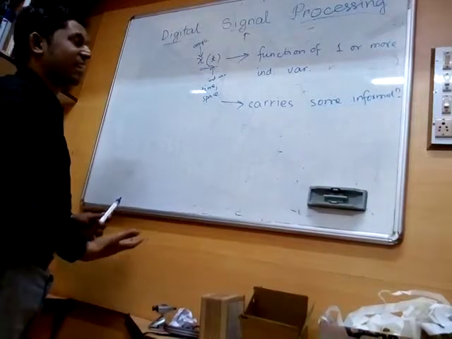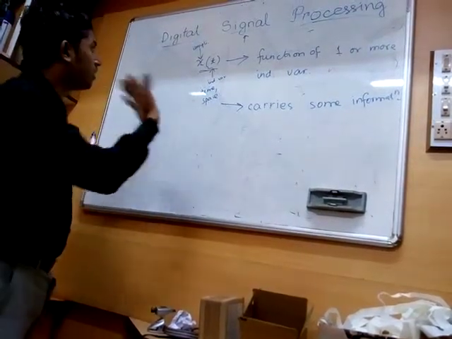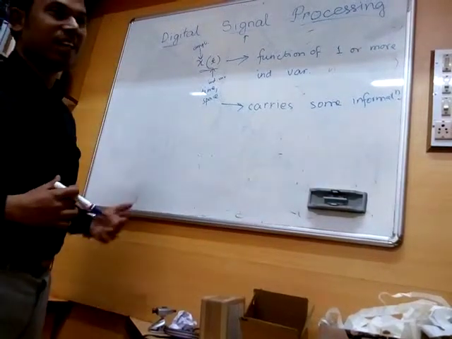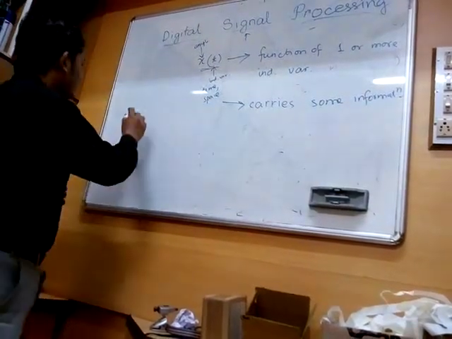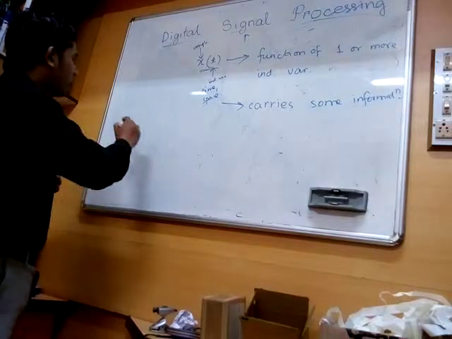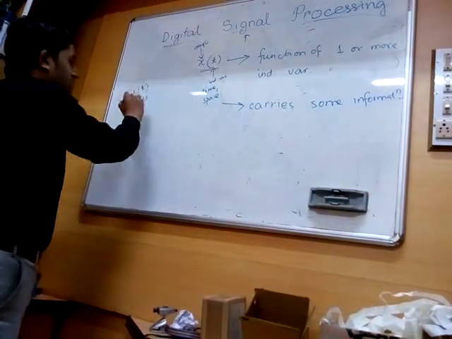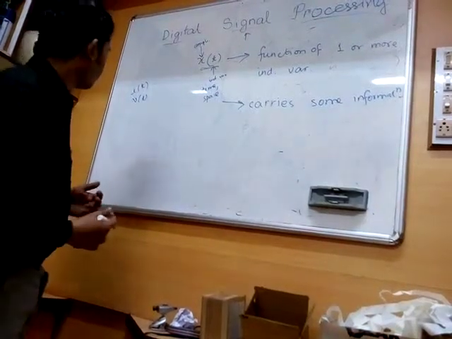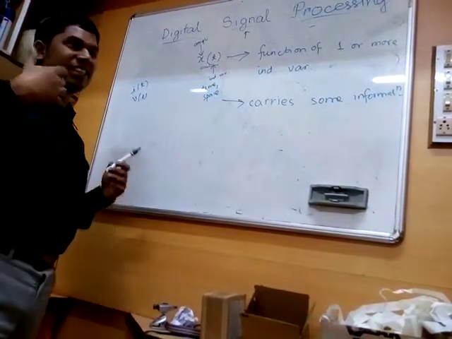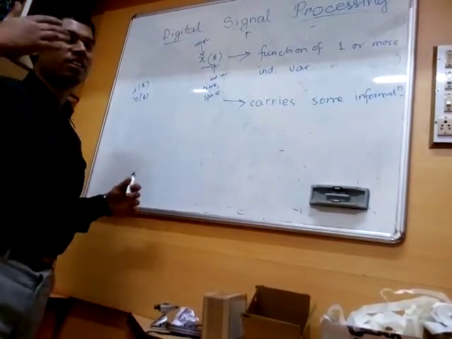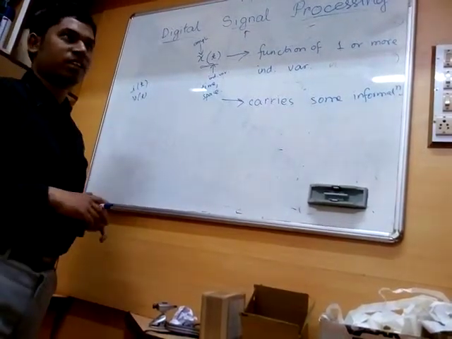In electrical engineering, we describe a signal as an electrical quantity, that is a current or a voltage, a time varying current or a time varying voltage. A physical signal can be in any form of energy, like speech is in the form of sound energy.